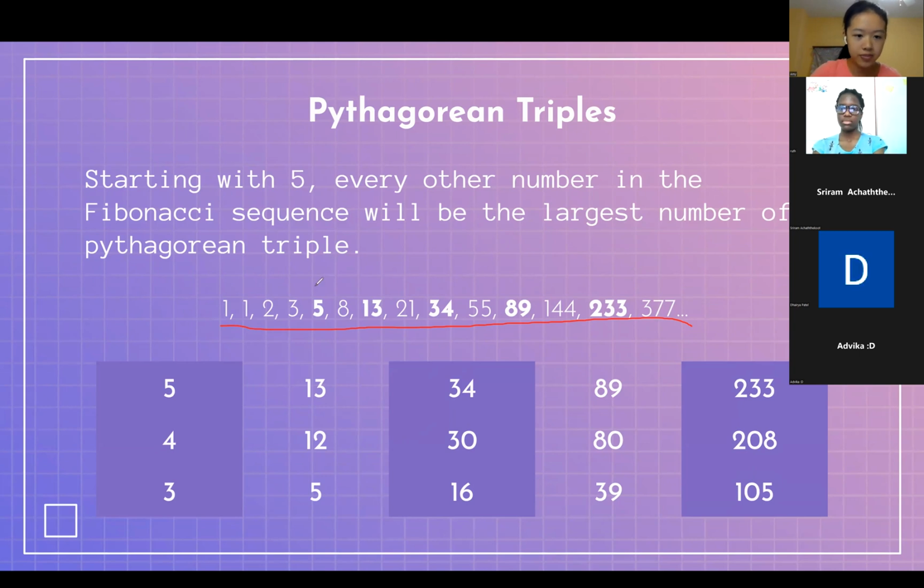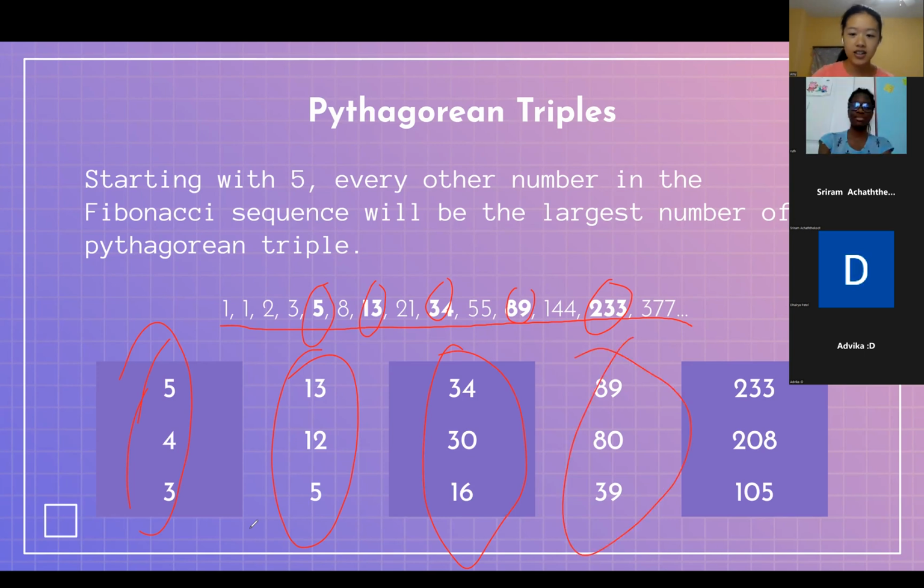So that would be 5, and then 13, 34, 89, 233, and on and on. 5 is the largest number in the 3, 4, 5 triple. 13 is the largest number in the 5, 12, 13 triple. 34 is the largest in the 16, 30, 34 triple. 89 is the largest in the 39, 80, 89, and 233 is the largest in the 105, 208, 233 triple. So it's kind of weird how it pops up in different places like that.